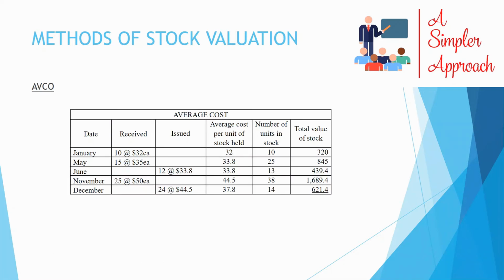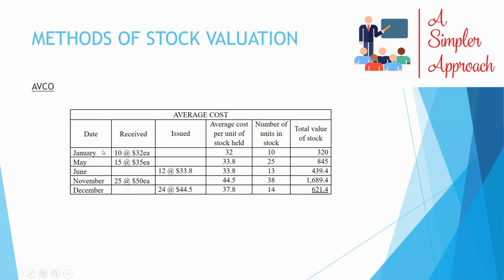Now for AVCO, average cost, the process of calculation in this method is completely different from FIFO and LIFO. I offer you this strategy that will help you calculate this a whole lot easier.